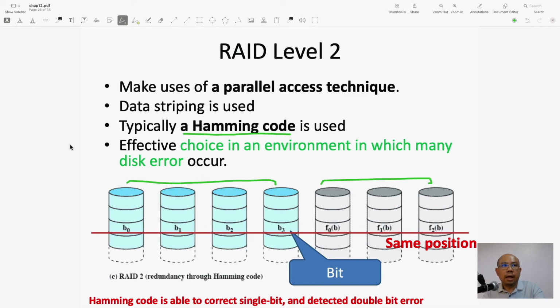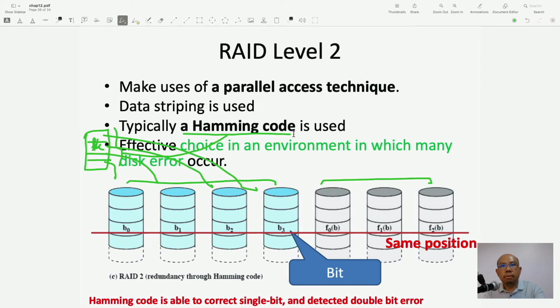For example, when I have a data file, the file will be split into strips, and all of this data will be sent to the Hamming code.